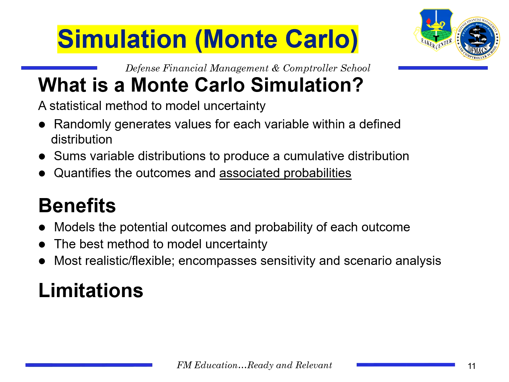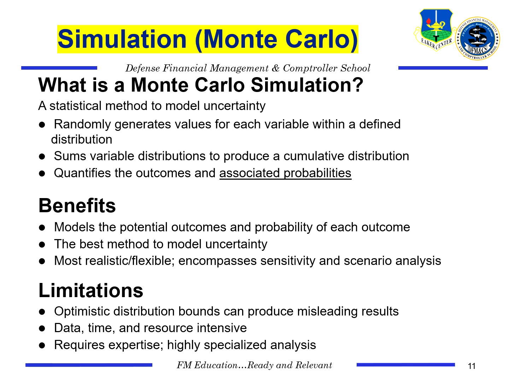The benefits: it models potential outcomes and the probability of each outcome. It is the best method to model uncertainty, and it is the most realistic and flexible because it encompasses sensitivity and scenario analysis.